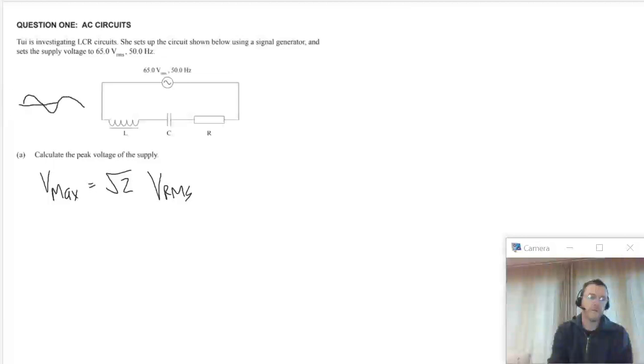What we've got is an AC circuit, and we know that the voltage is going to be doing some sort of sine wave. So the RMS is like an average voltage that should give you the same power output.